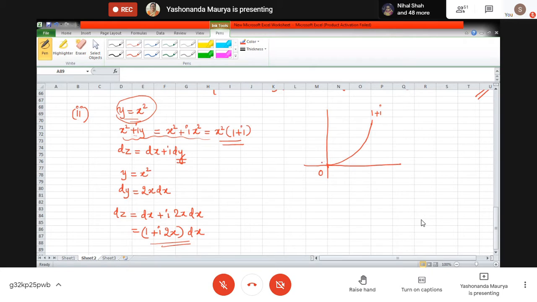Now along the parabola, we have y is equal to x square. What is the variation for x?